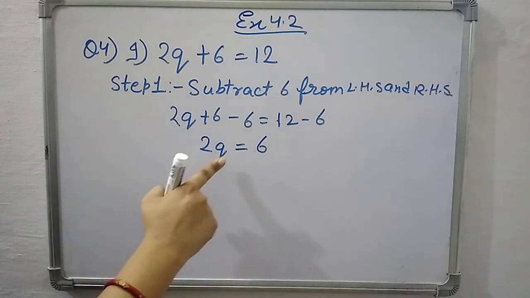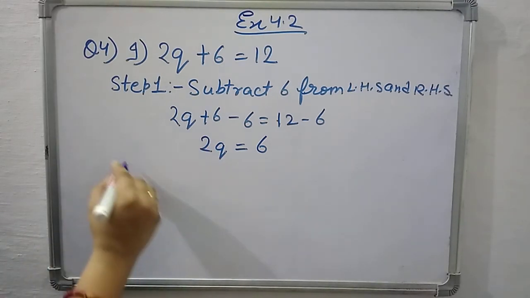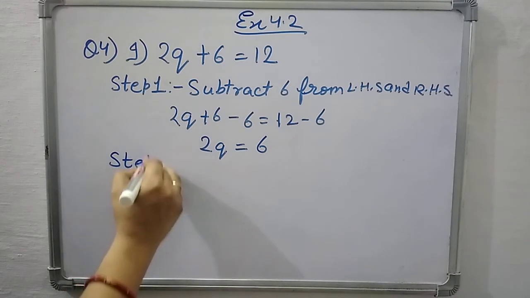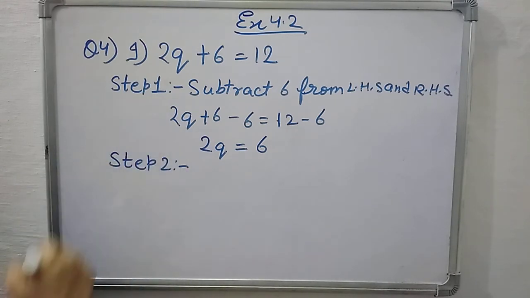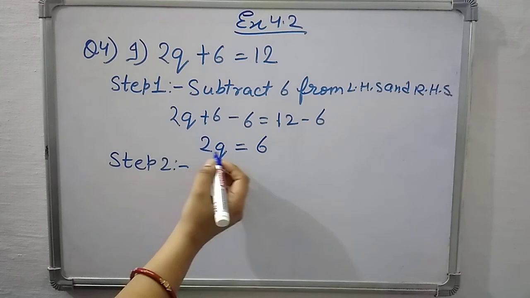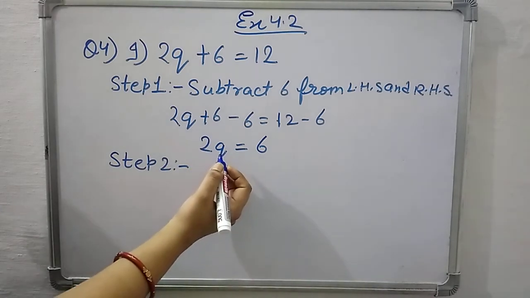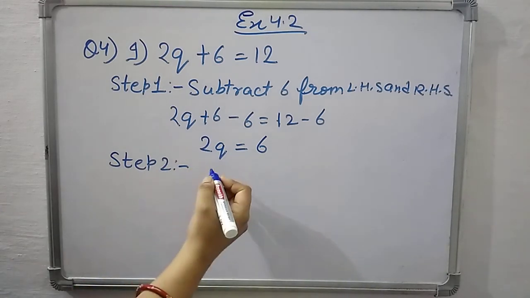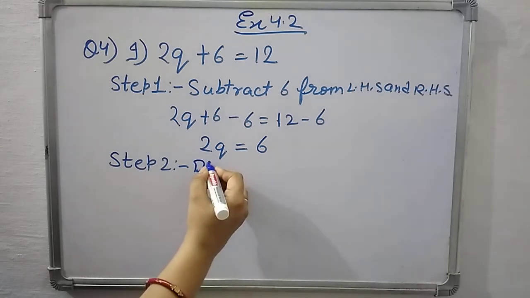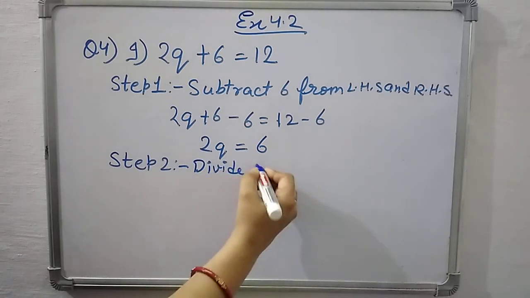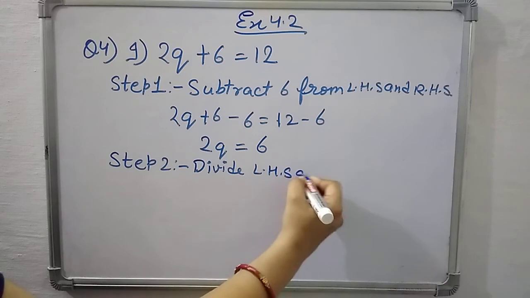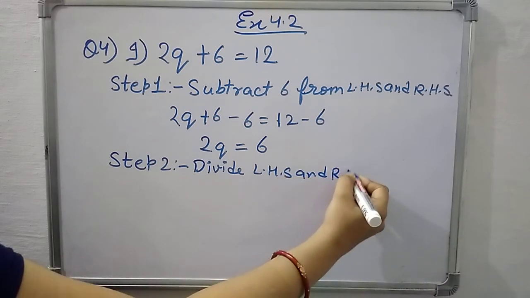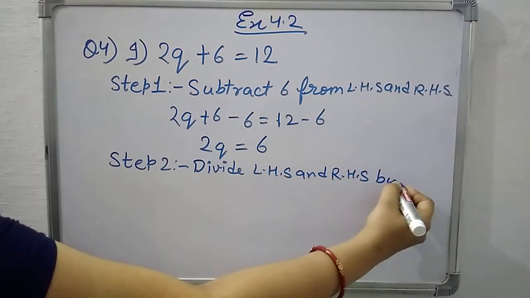Here again variable is not separated, so we need to go for step 2. 2 is in multiplication with variable q. That means we need to divide LHS and RHS by 2.